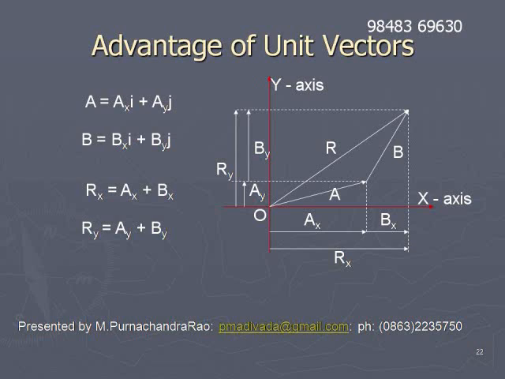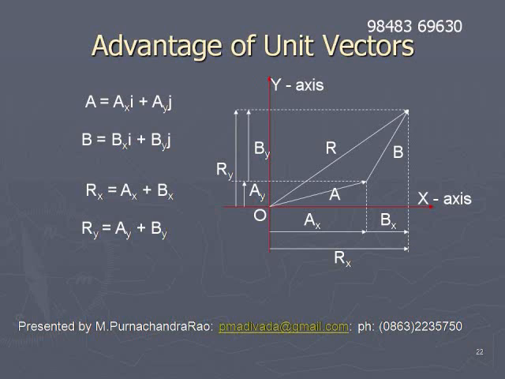The vector from the head of a to the head of b along the y-axis is represented by by. So, the distance from the horizontal dotted line at the top of a to the horizontal dotted line at the top of b is by. Now, b bar can be written in terms of its components: b bar is equal to bx i plus by j.